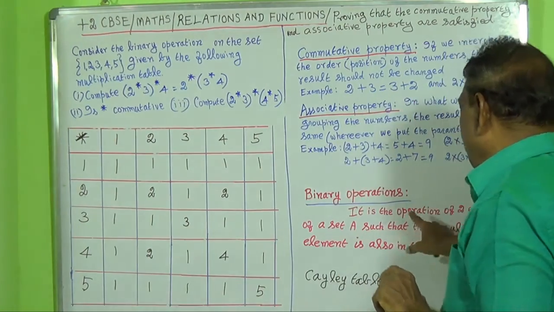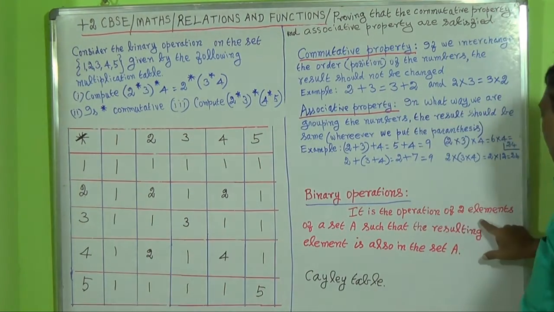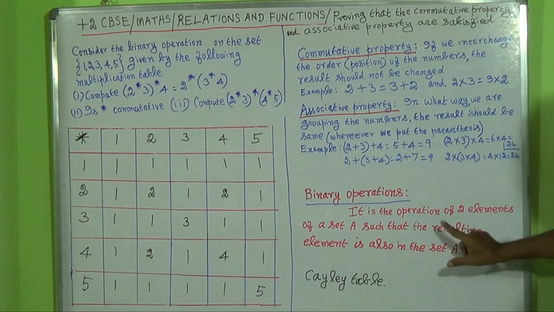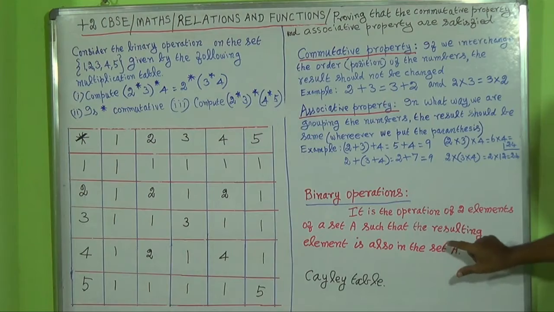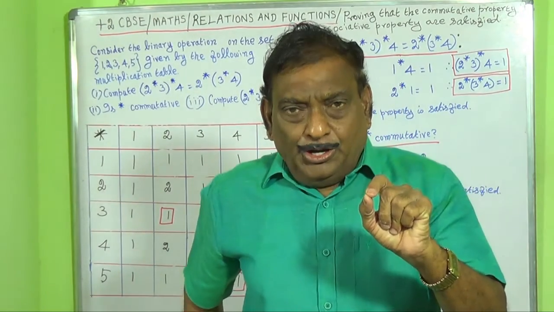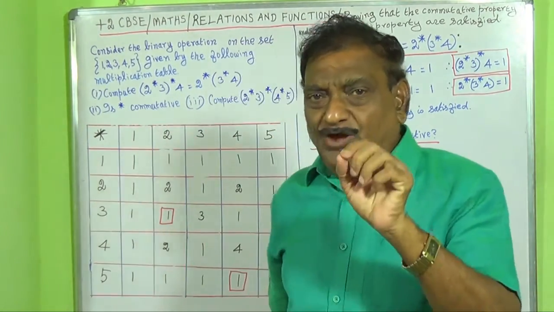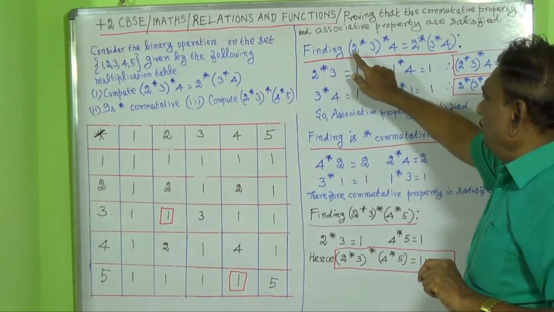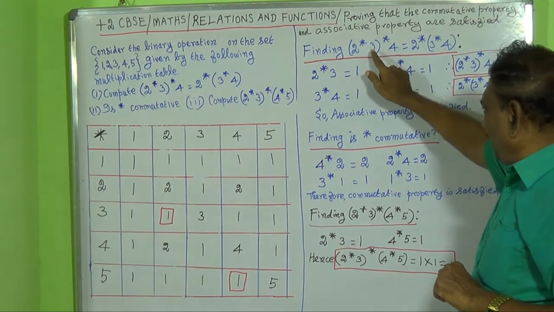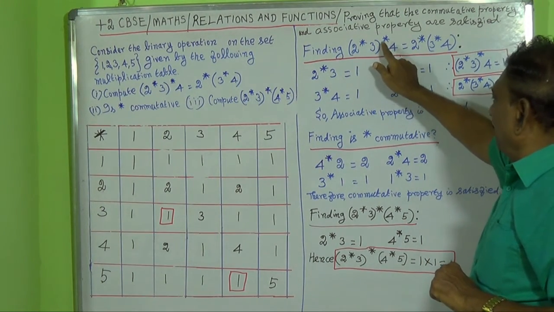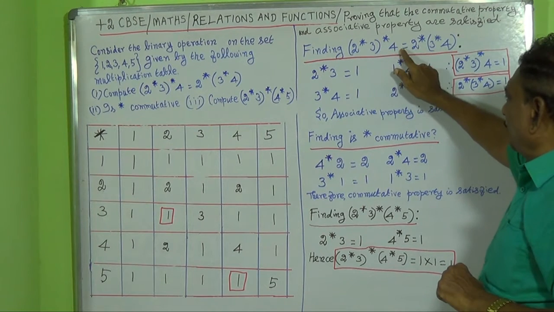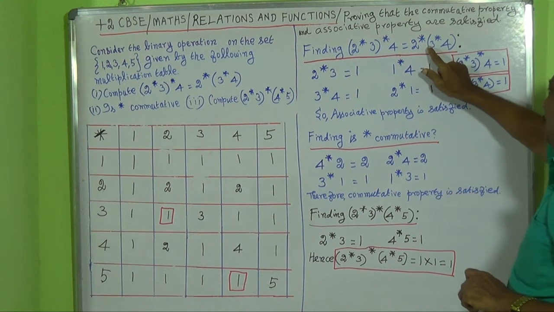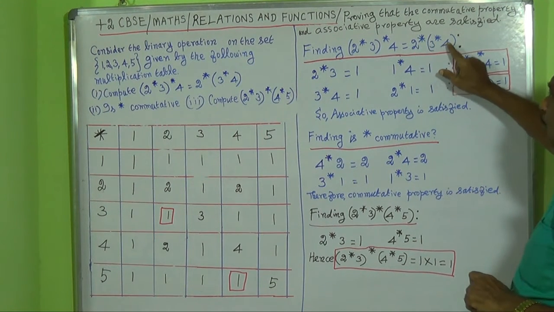Binary operation: this is the operation of two elements of a set A such that the resulting element is also in the set A. We are going to get the answer to the first question, that is finding (2 * 3) * 4 equal to 2 * (3 * 4).